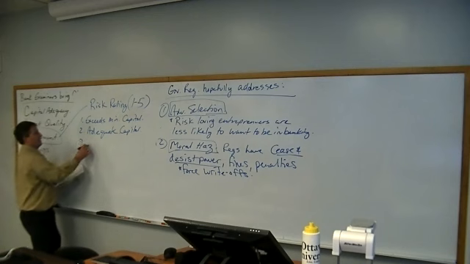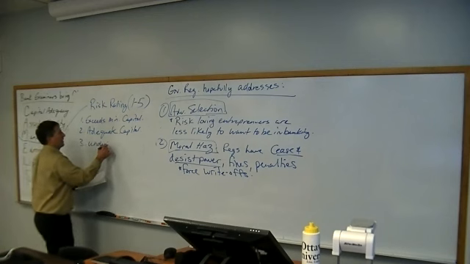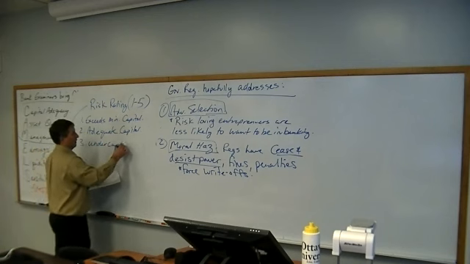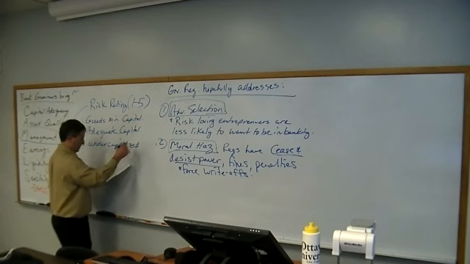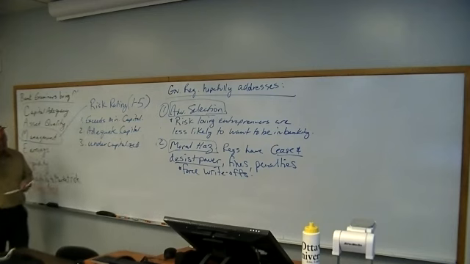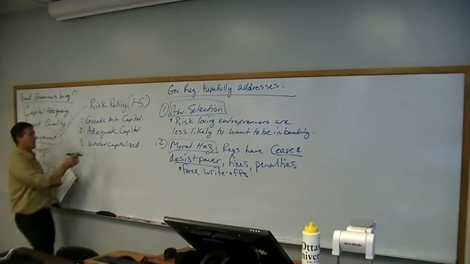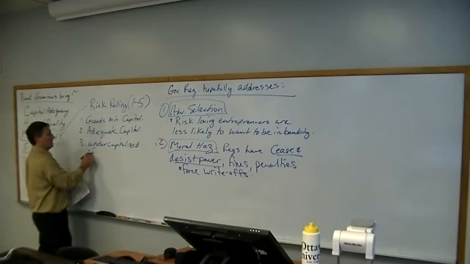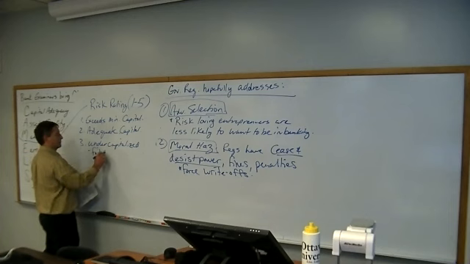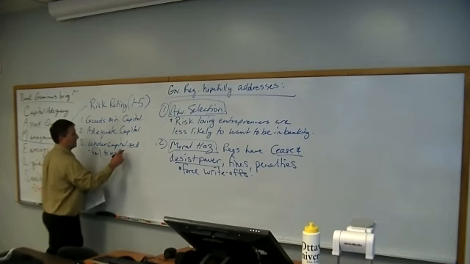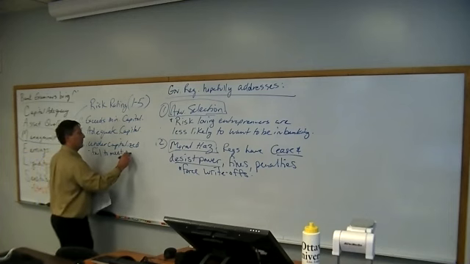Number 3, you are undercapitalized. Now, where am I going with this? Do you want to be a 1 or a 5? 1, right? So you're starting to see we've got the capital. So undercapitalized, you're not meeting the minimum. Fail to meet the minimum capital standards.